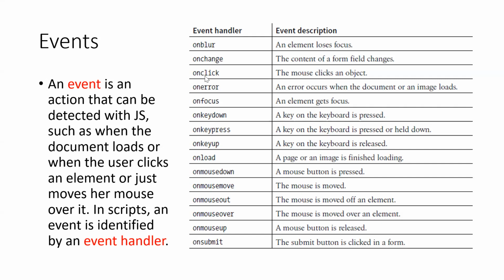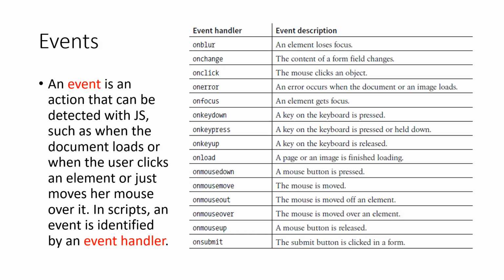Similarly, onclick means when you click on a particular element. Let's say onmouseover: that means if the mouse is moving over an element, let's say you have a button and you move the mouse across the button, this can be detected. And these are known as events.